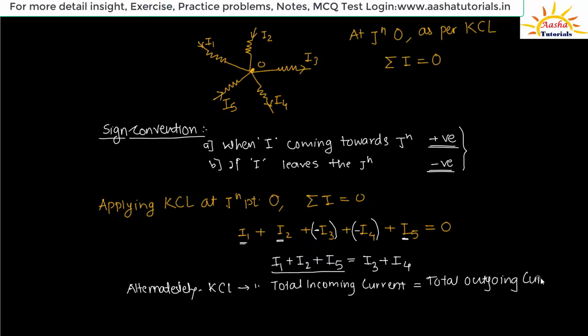So one may also state Kirchhoff's current law as: at a junction, whatever the total incoming current is, the same is the total outgoing current. This is Kirchhoff's current law.